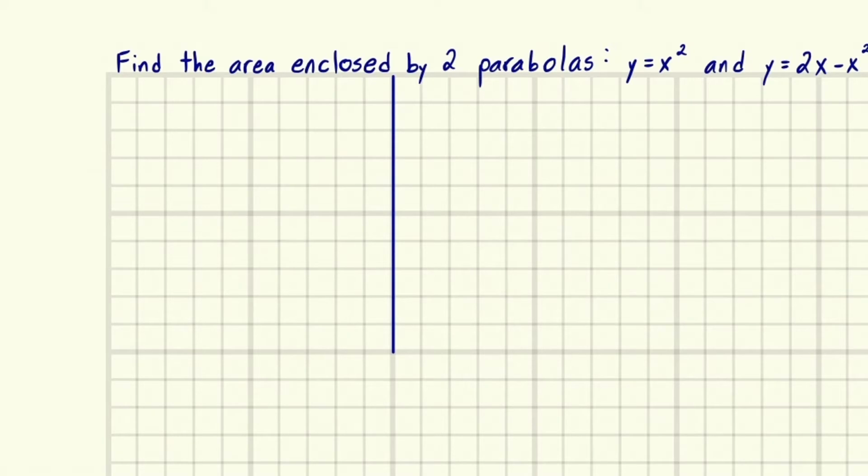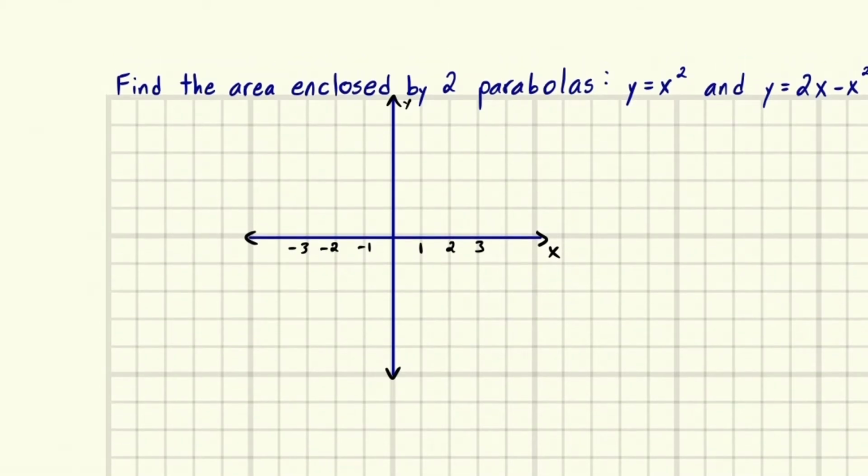So I'm just going to go ahead and create an axis here. We're going to have y and x. And let's go out to +3 and -3. Since we have an x squared, that's a standard one, so that one should be pretty easy.